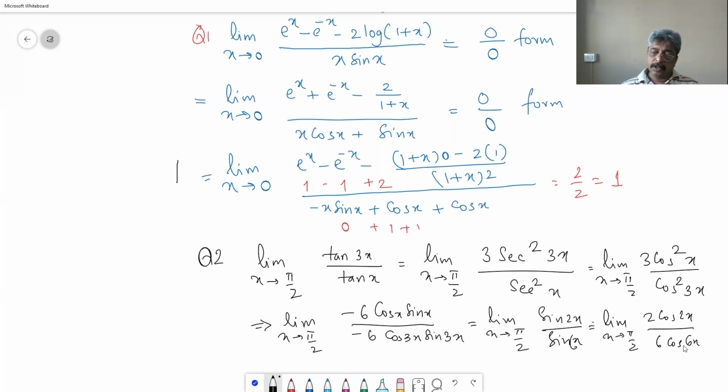Now you are out of indeterminate form, and therefore the answer is 1 by 3. Next problem.